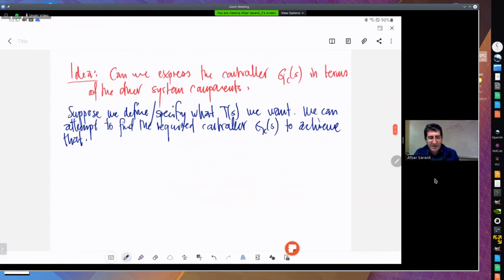Okay, the idea is very simple. How about I specify T of S and simply extract GC of S in terms of these other system components. So let's try to do that. We start with T equals, again, remember we have S dependence on all of these functions, GCGP over 1 plus GCGP.